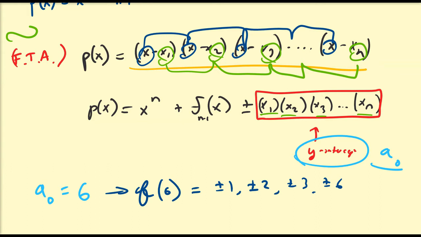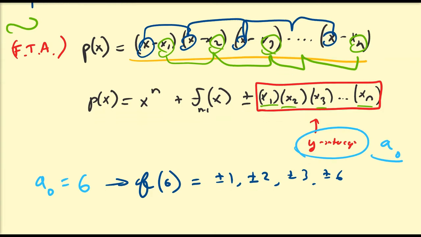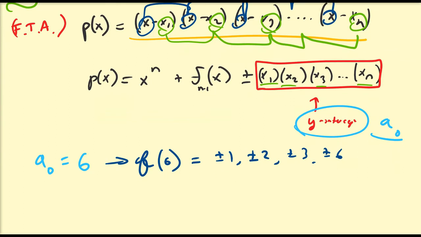And this product, x1 through xn, could be any combination of these numbers. It really depends on what the degree of this function is, because you can have 1 times 6, or 2 times 3, or 2 times 1 times 3, or 6 times 1 times negative 1 times 1 times negative 1, or any combination that gives you a constant coefficient of 6.